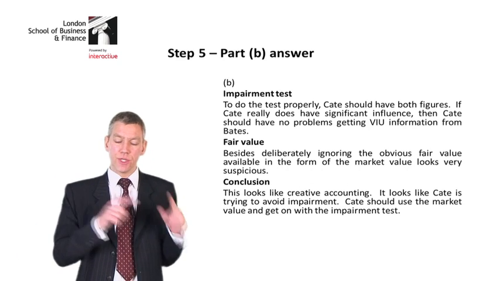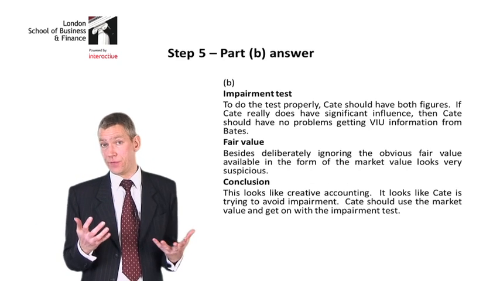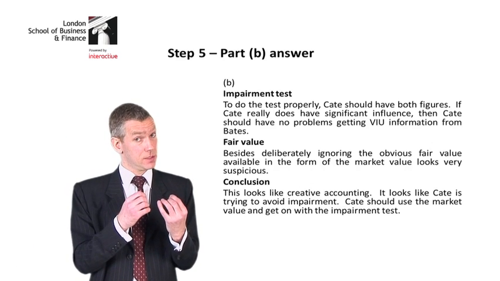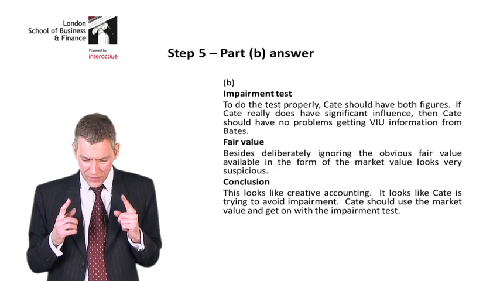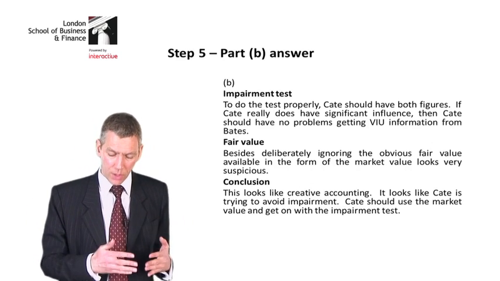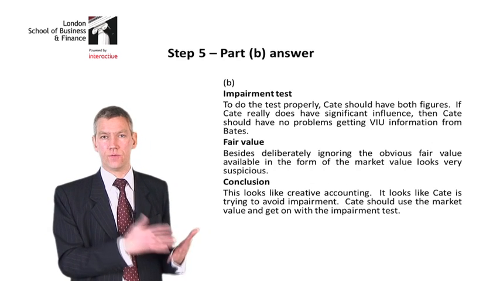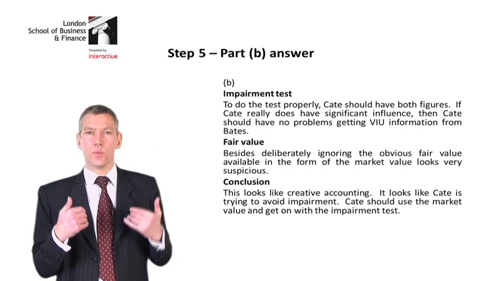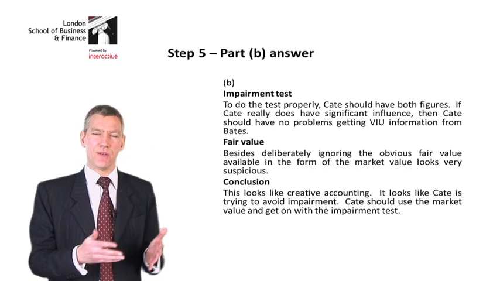Impairment test. To do the test properly, Kate should have both figures. If Kate really does have significant influence, then Kate should have no problems getting the VIU information from Bates. It's true, isn't it? I mean, we're saying that we don't have value in use because we don't have the information.